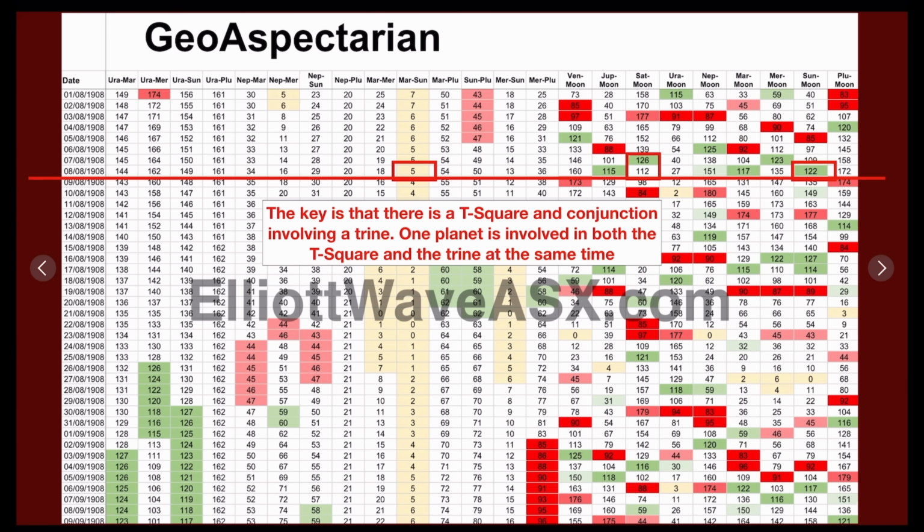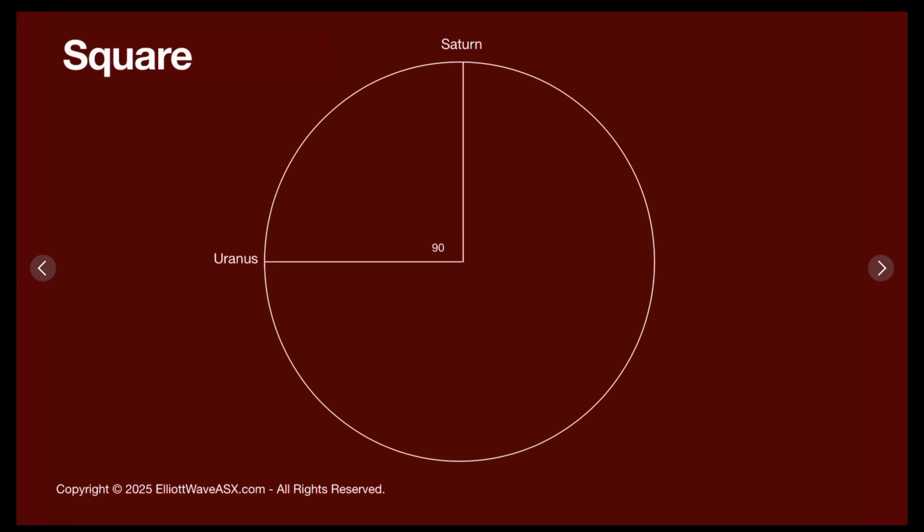Now the key is that there is a T-square and a conjunction involving a trine, and one planet is involved in both the T-square and the trine at the same time. Now for people not too familiar with these aspects in Gann's work, this is a 90 degree angle when the planets are said to be square.